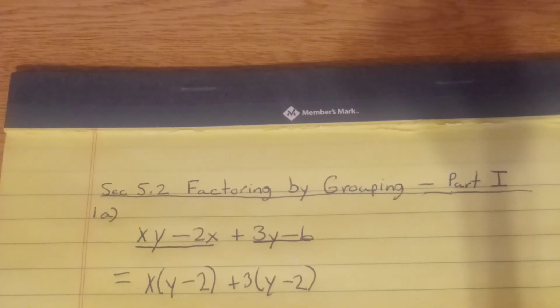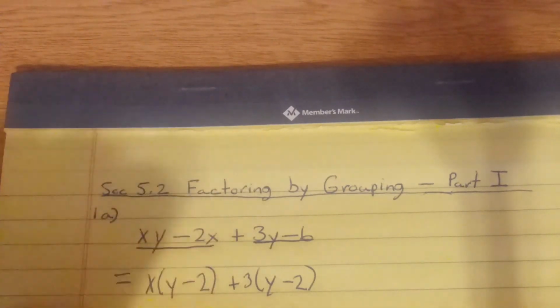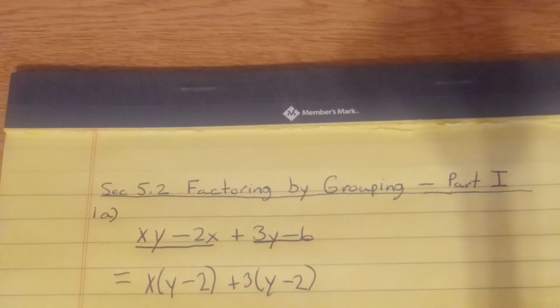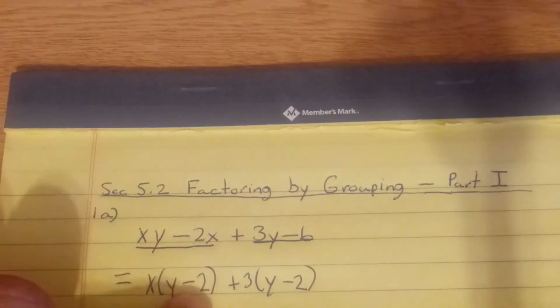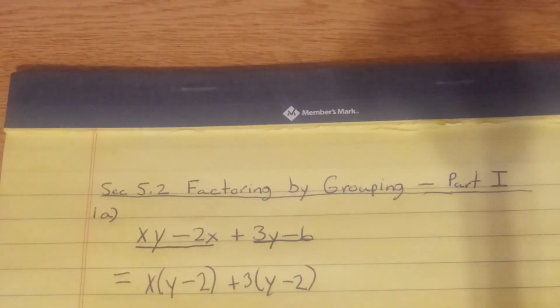And that's the whole idea, to end up with the same polynomial. In other words, you're going to have to factor out twice here. First you group them, then see what GCF they have in common. And then you see that both of these have what? The y minus 2 in common. So that's what we're going to have to factor out next.